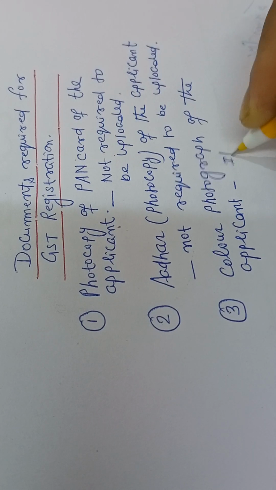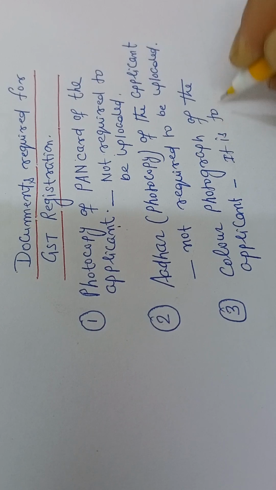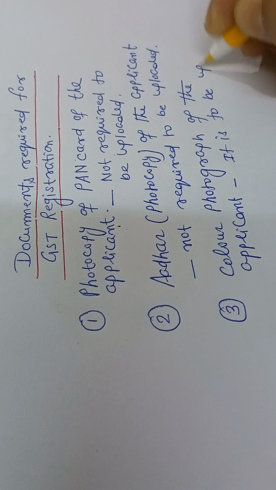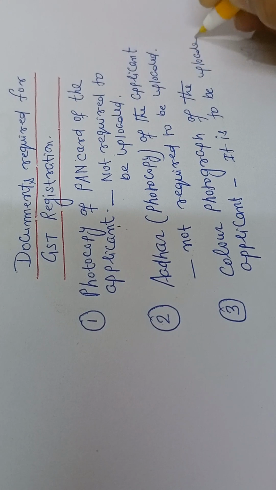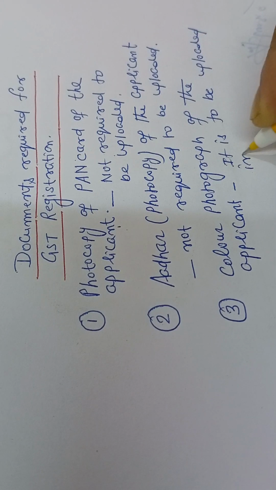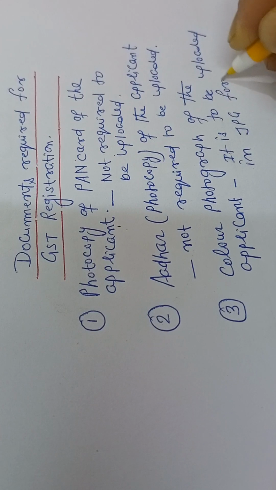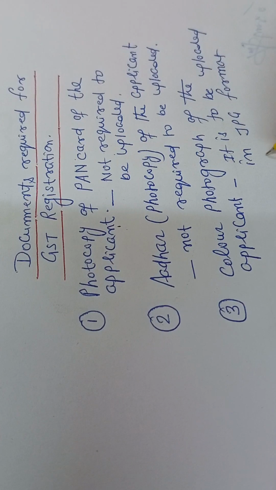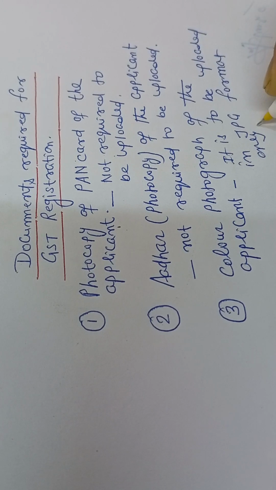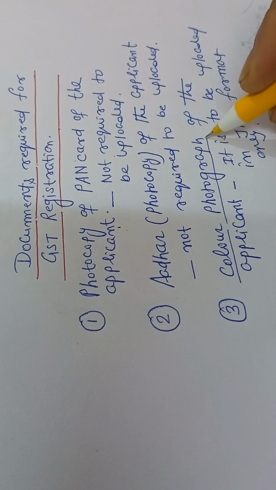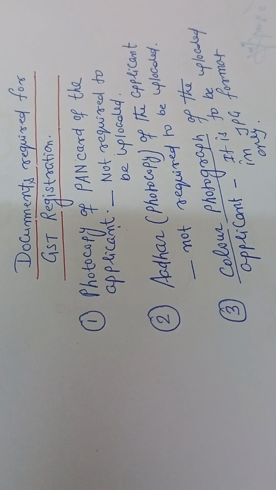It is to be uploaded in JPG format only. That means color photograph is to be uploaded on the GST common portal at the time of filing application for the registration.